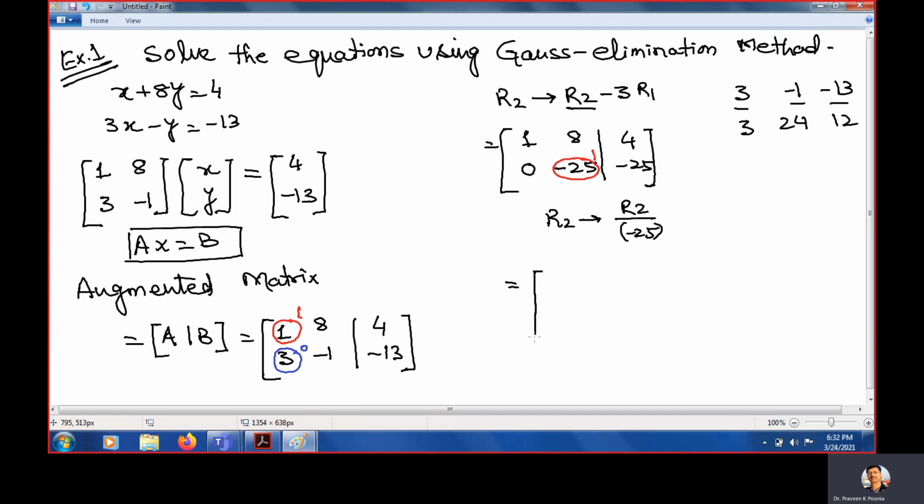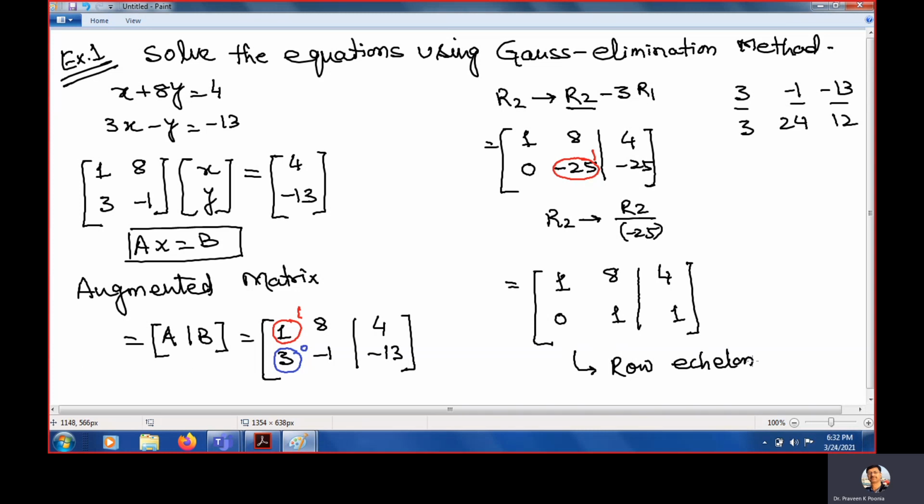So it will be 1, 8, 4, 0, and minus 25 by minus 25 is 1, minus 25 by minus 25 is 1.